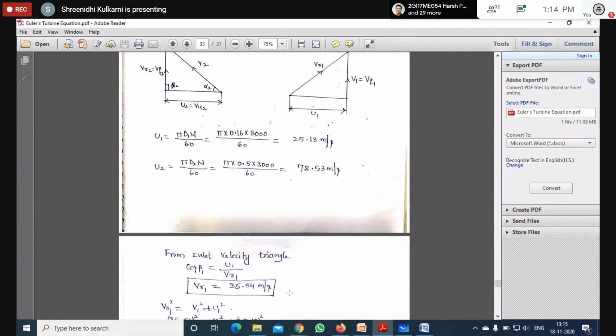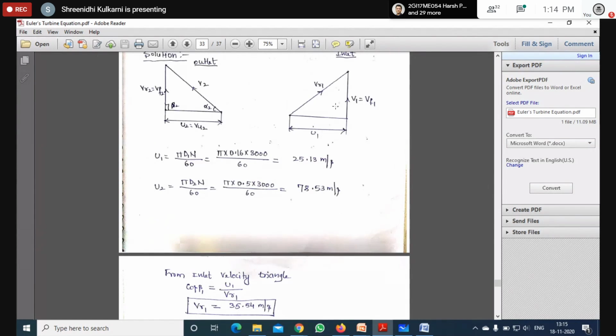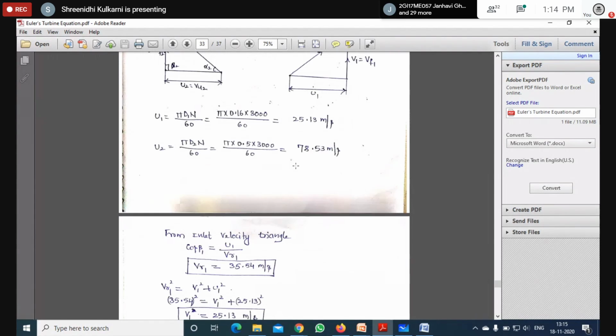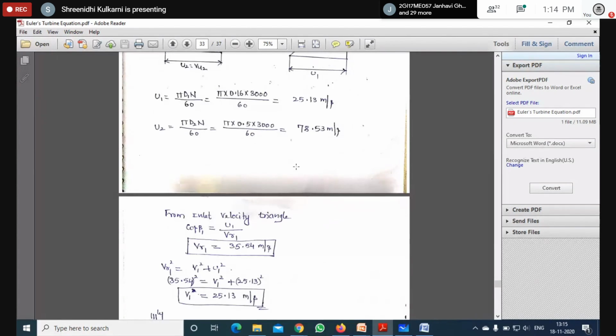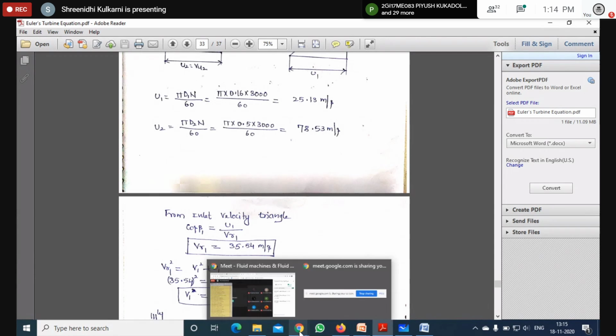Next, from the inlet velocity triangle only, apply the Pythagoras rule. So VR1 square is equal to V1 square plus U1 square. Find out V1, the absolute velocity.